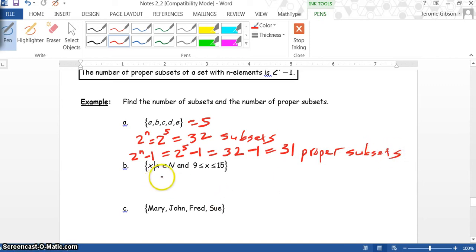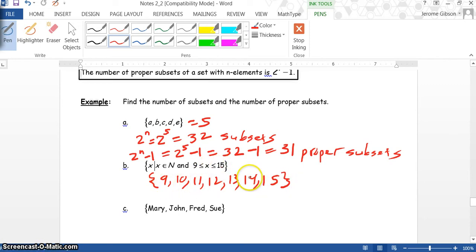Now we go down here to B. What we have here is a situation where I think we should write this in the roster method. I think that would make it a lot easier. So writing this in the roster method, we would have 9, 10, 11, 12, 13, 14, and 15. Remember, it's x is greater than or equal to 9, but x is also less than or equal to 15.